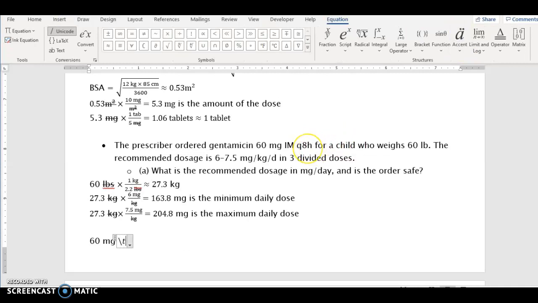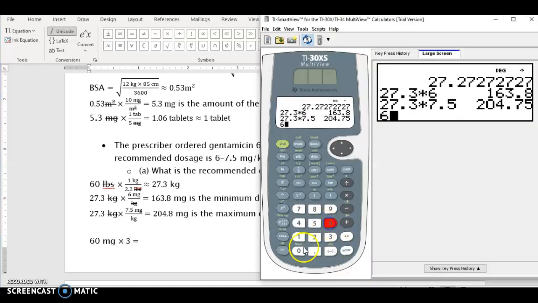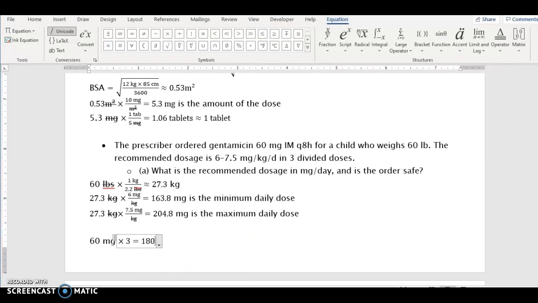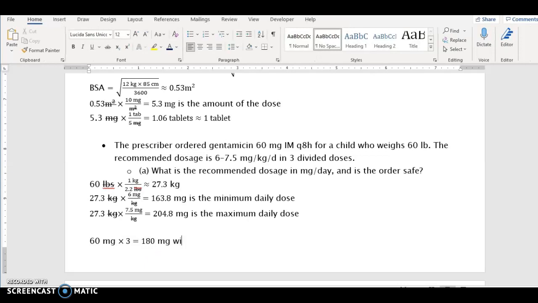So in a 24-hour period, the patient will receive 60 times 3, which is 180 milligrams administered daily, according to the dose given in the order.